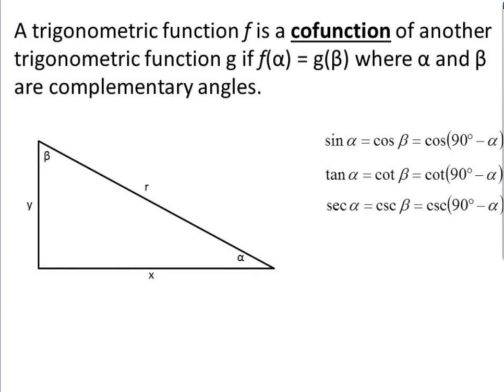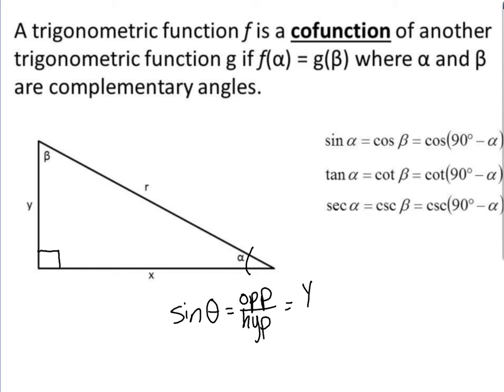A trigonometric function f is a cofunction of another trigonometric function g if f of alpha is equal to g of beta, where alpha and beta are complementary angles. So what this is saying is if we have two complementary angles, it's the two acute angles in a right triangle, the sine of alpha, remember sine is opposite over hypotenuse.